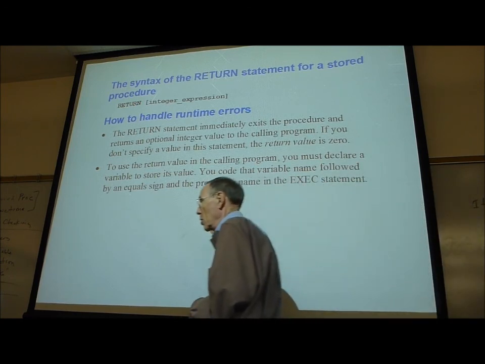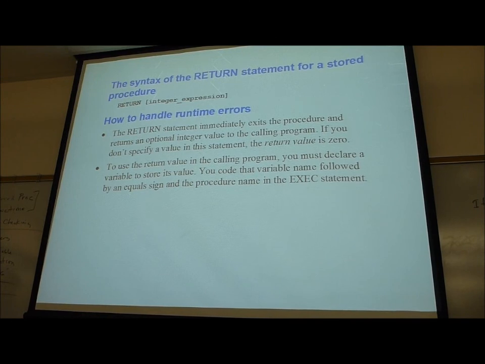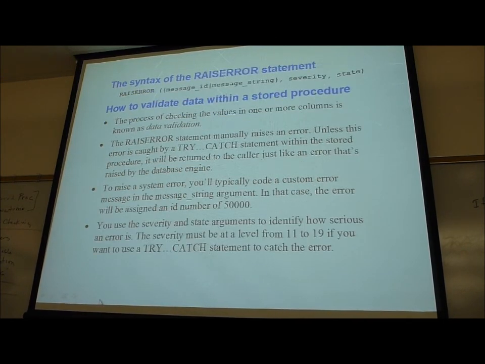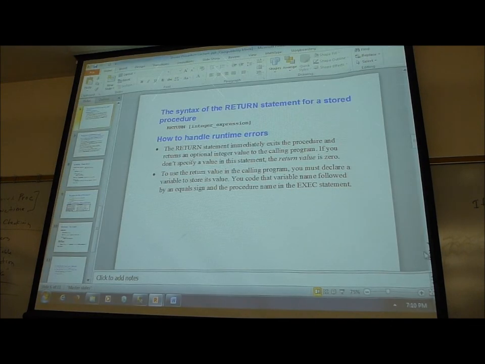So we can do the return. I'll take a look at how we might do that. I think I've got an example. I'm going to go ahead and do the other one with that. I think I got all this together in one batch, one script.